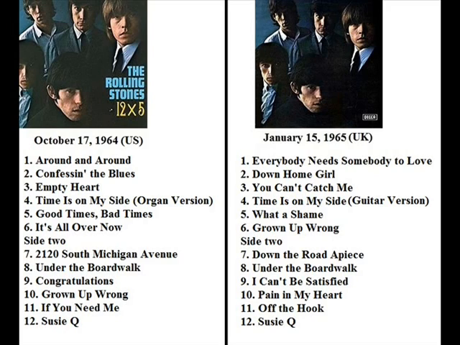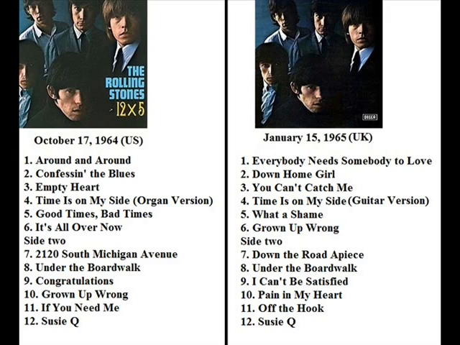The US version mostly just has new songs again. But actually, the tracks Around and Around, Confessin' the Blues, Empty Heart, 2120 South Michigan Avenue, and last but not least, If You Need Me, those songs on 12 by 5 were originally on the UK EP 5 by 5, which was released August 14th, 1964.